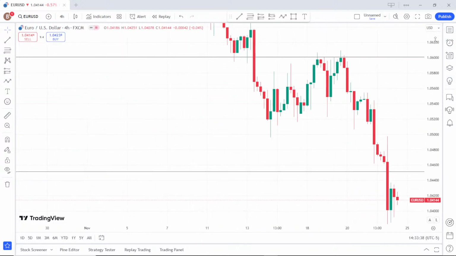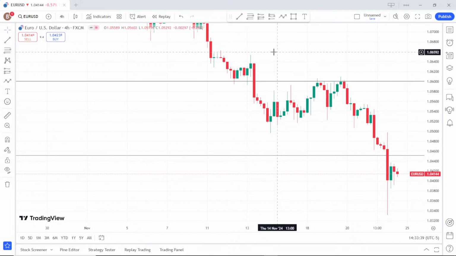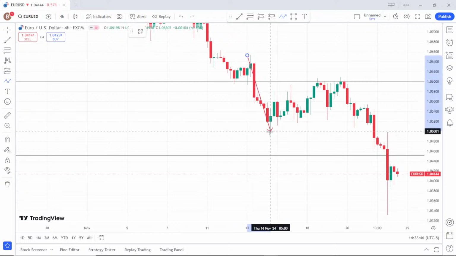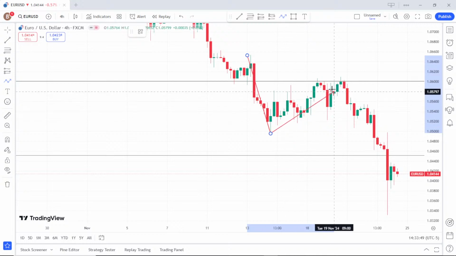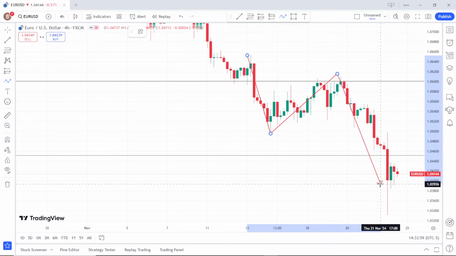If I map out, I can confidently say from this particular point all the way down here, all of these moves here, they are all retracement legs. And then from there down. That's it.